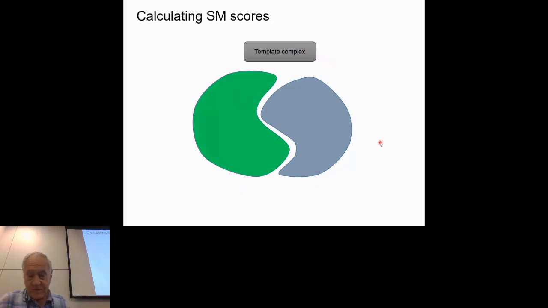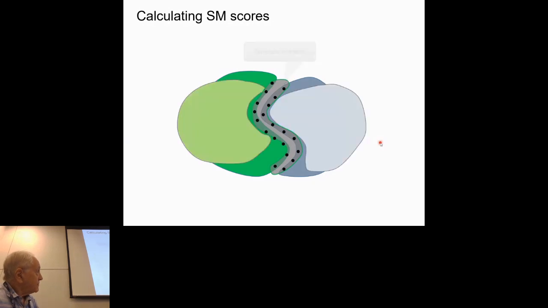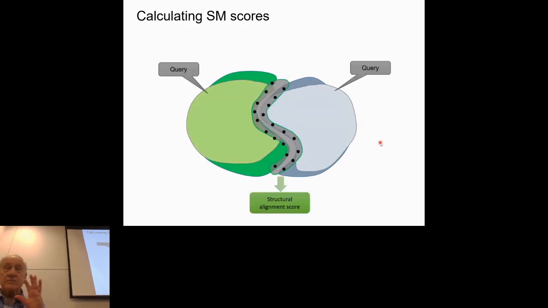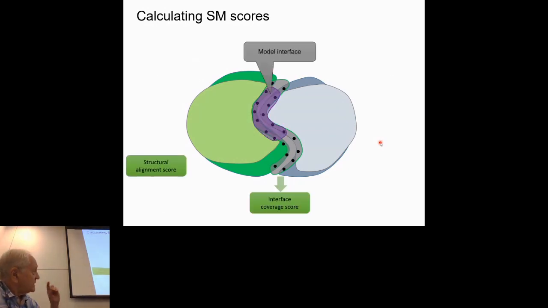This is a schematic of how we evaluate models. This would be a PDB structure, and we know what residues are in the interface, and this we simply do for the whole PDB. We now superimpose our proteins, and we get a score based on how good the superposition is. The real trick is we now simply ask how many of the contacting residues in the template are present in our model.